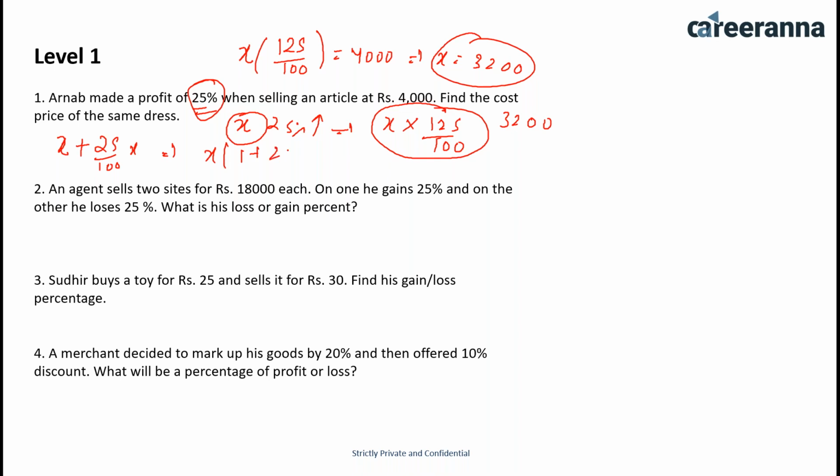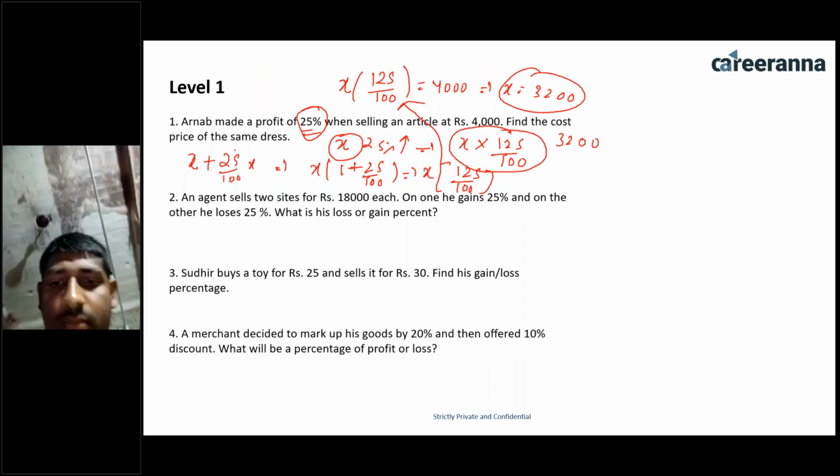This is 1 plus 25 by 100. I took X common. So X multiplied by 100 multiplied by 1 is 100 plus 25. It is 125 divided by 100. This is the same thing which I did here. Guys, I request you to understand these little things.